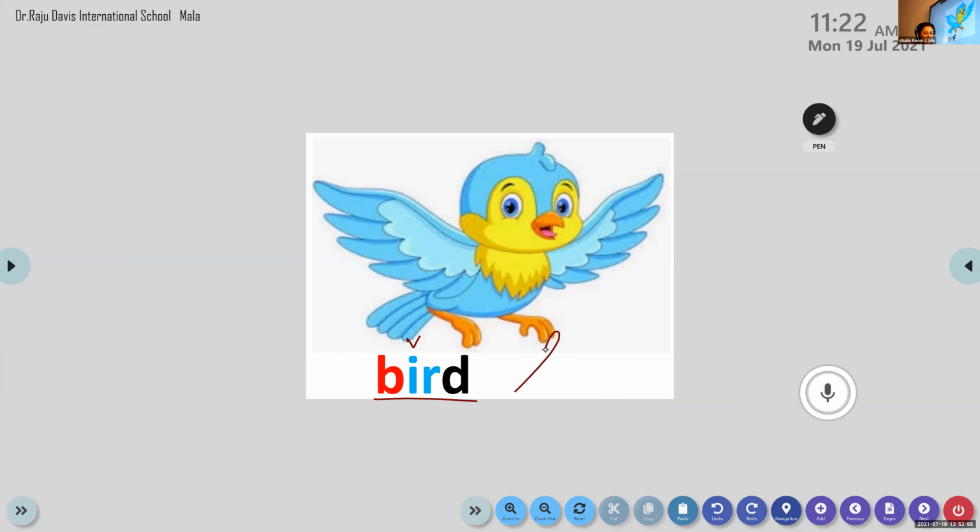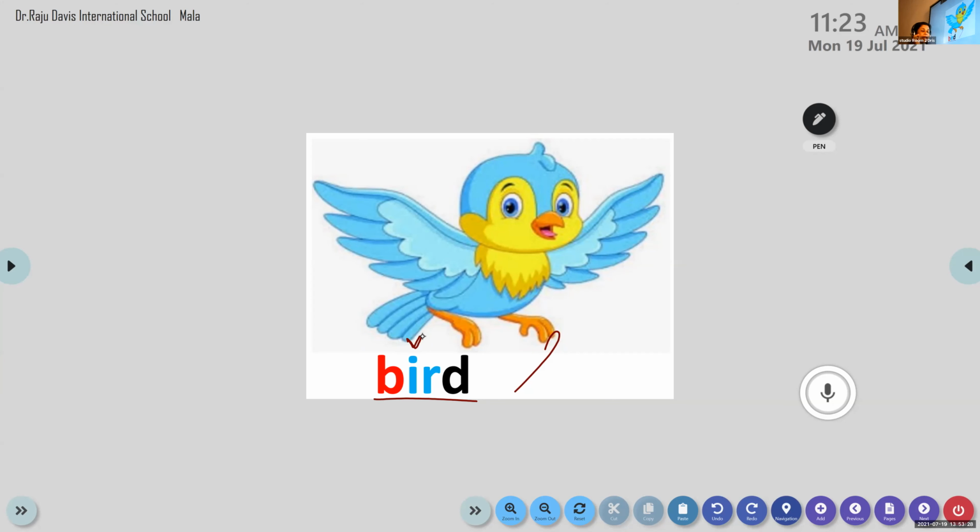As you write the word, children, sound out the words as you write, so that you will learn the spellings automatically. So here we have identified that this word is bird. It is a one syllable word as it has only one vowel in it. Now we have to learn the spelling of the word. How are we going to learn the spelling? If it is a one syllable word, we sound out through its individual sounds.